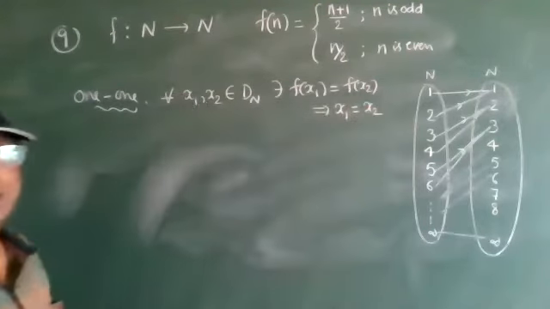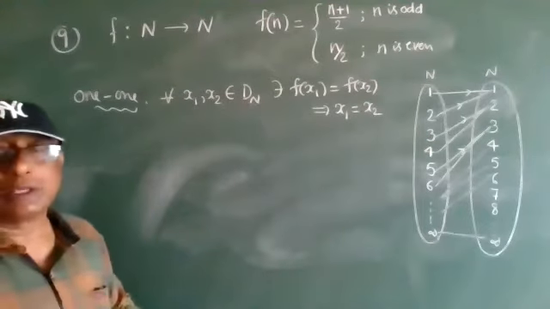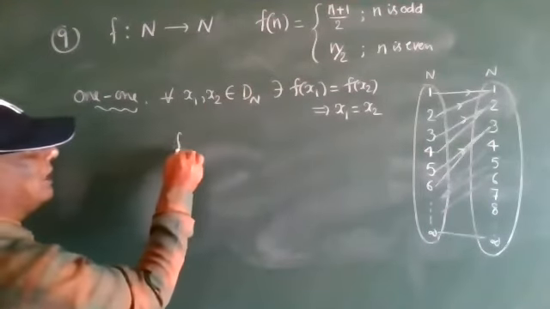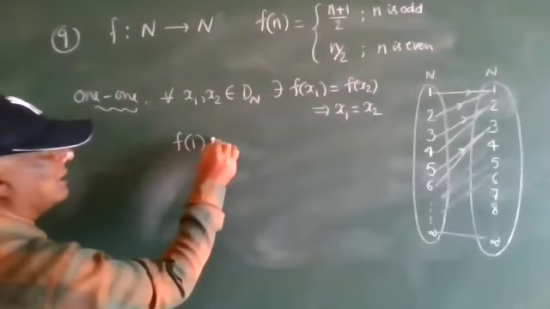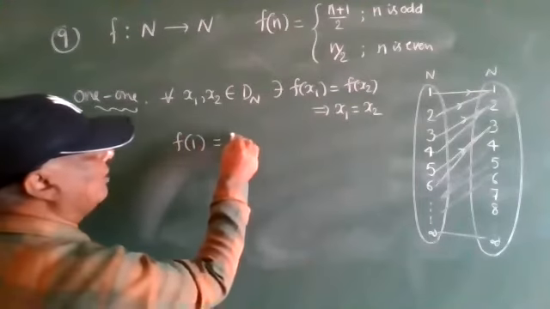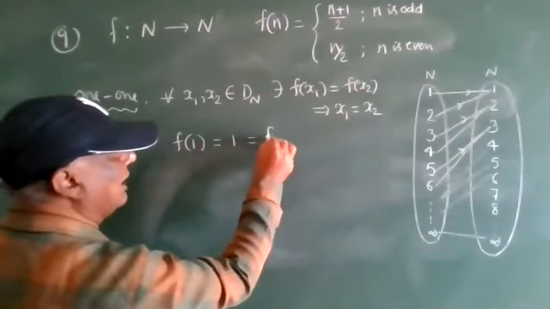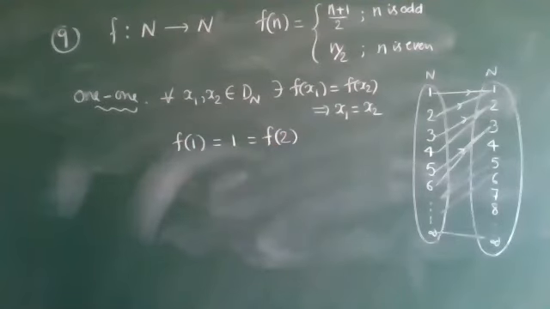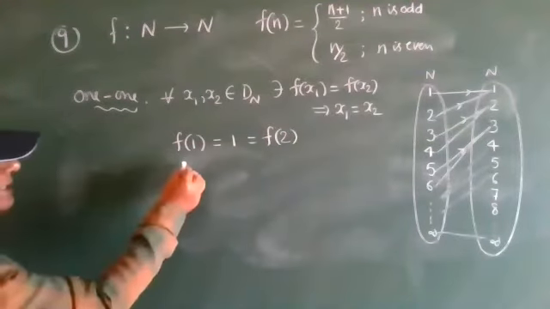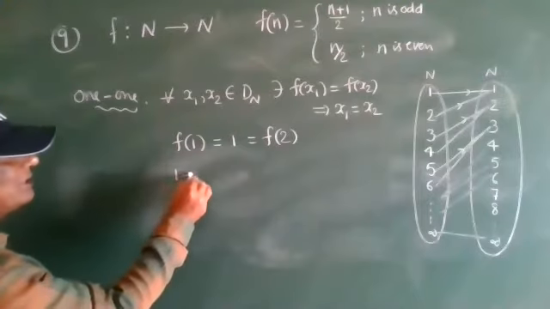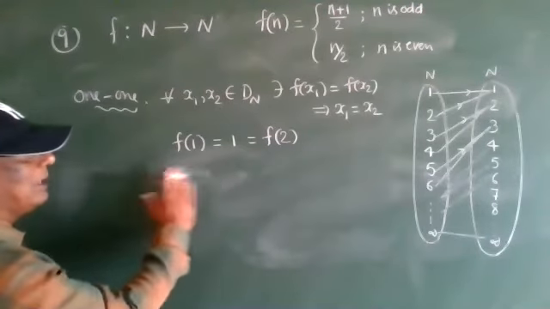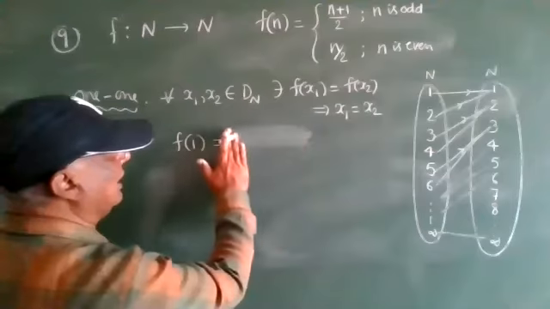Now we can see for odd number, f of 1 is equal to 1. For even number, f of 2 is also 1. For odd numbers the definition is (n plus 1) by 2, so for odd number 1, (1 plus 1) by 2.